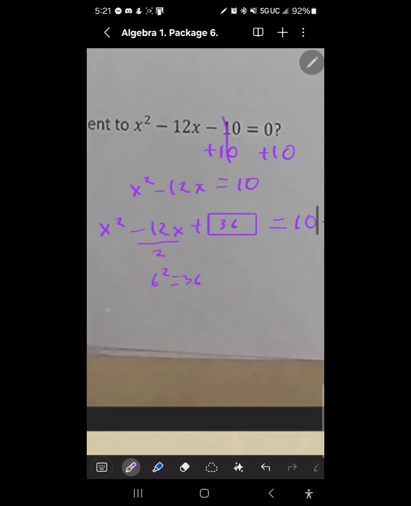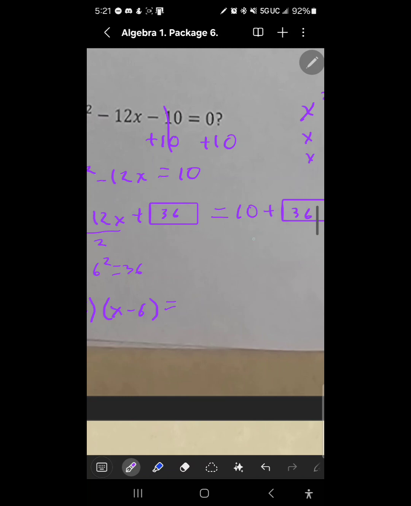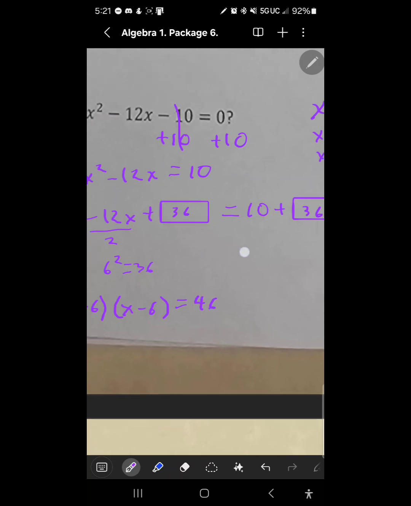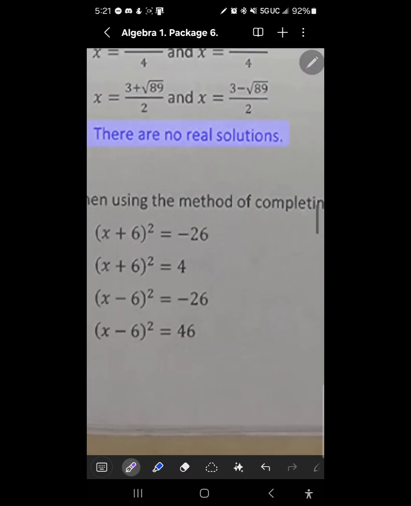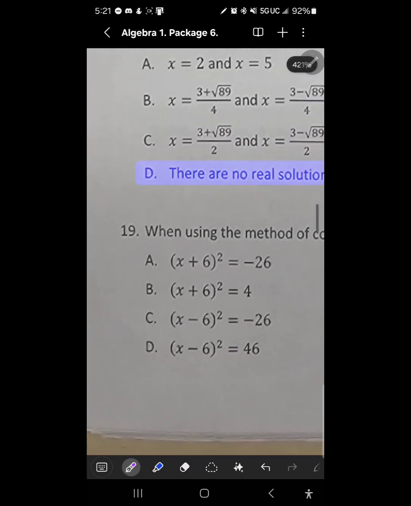So my answer here will be x minus 6 times x minus 6 equal 10 plus 36. And since we are multiplying the same expression, we have x minus 6 squared equal 46, which is option D.